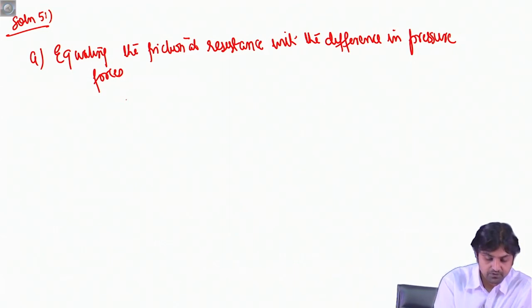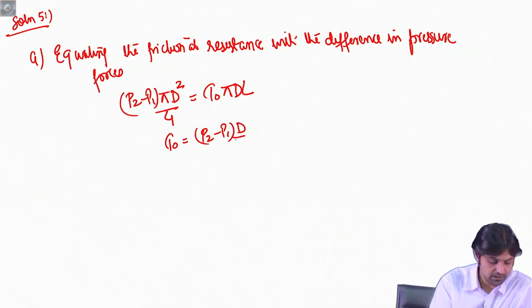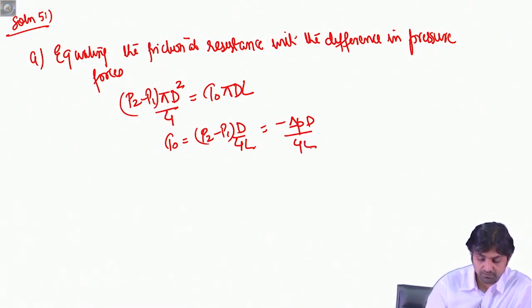Okay. So instead of delta P, we write (P2 minus P1) into pi d to the power 2 by 4 is equal to tau naught into pi d L, correct? So tau naught using this can be written as (P2 minus P1) into d by 4L, or minus delta P d by 4L, because delta P is P1 minus P2.